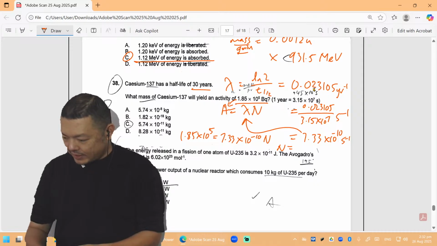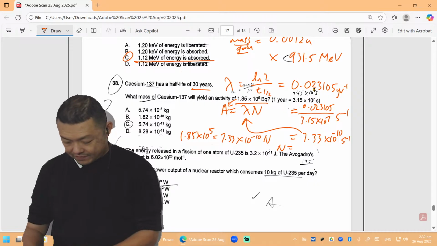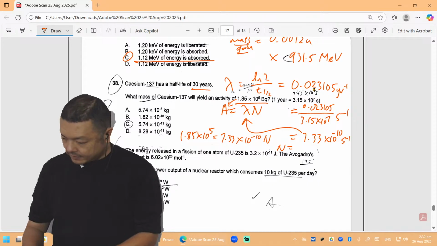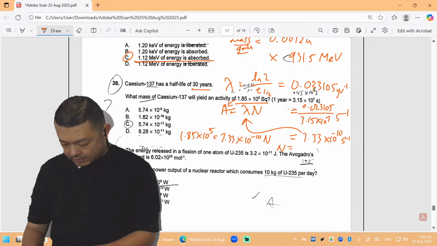N equals 1.85 times 10 to the power 5, divided by 7.33 times 10 to the power minus 10.